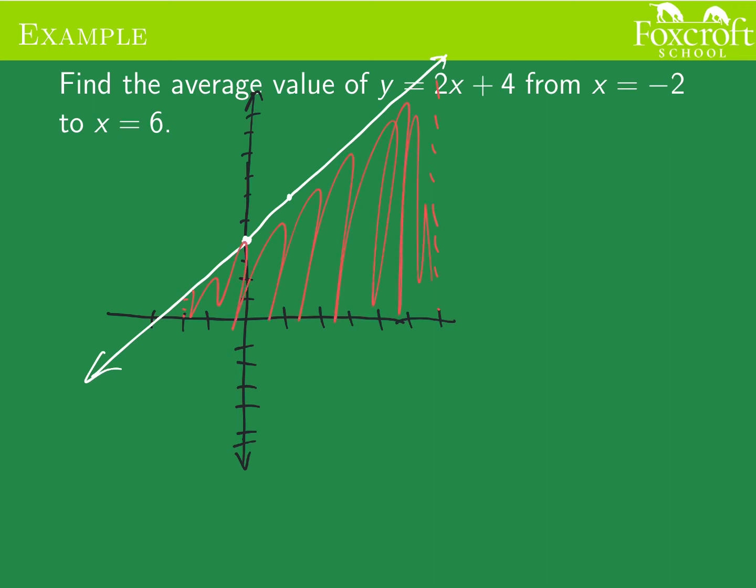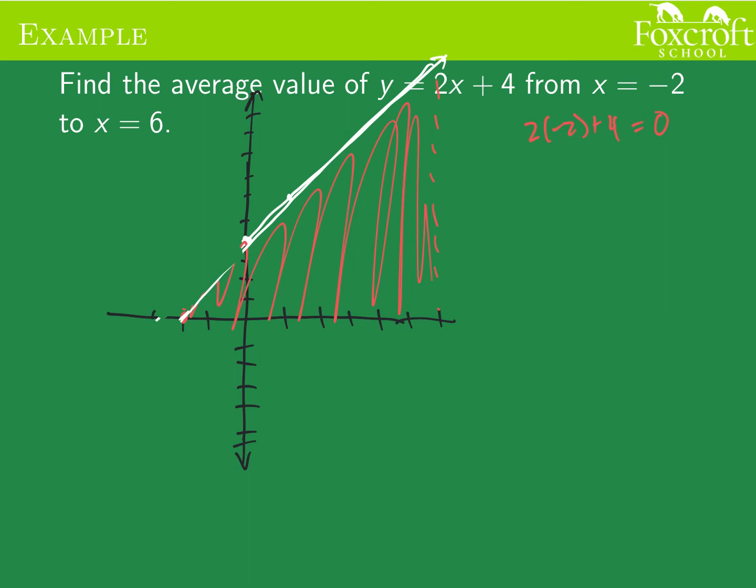My graph's not exactly right, because when I plug -2 into this function, I get 0. So this is actually at the x-axis. So it looks more like this. That's the area we're trying to find, and it's just a big triangle.